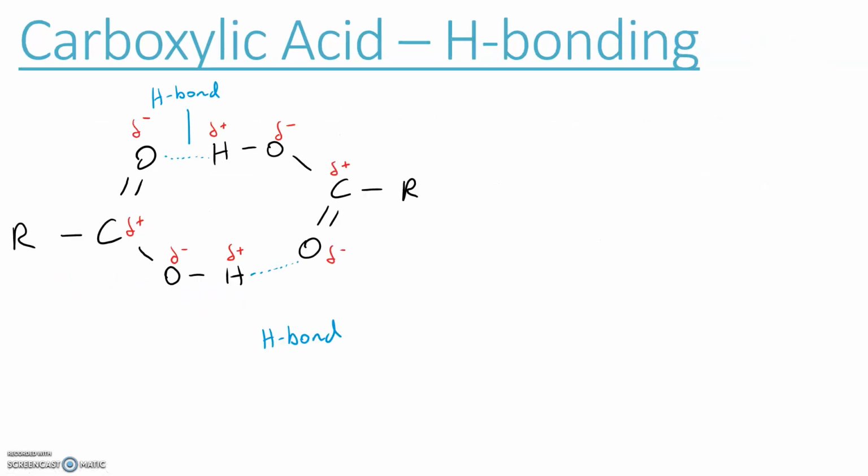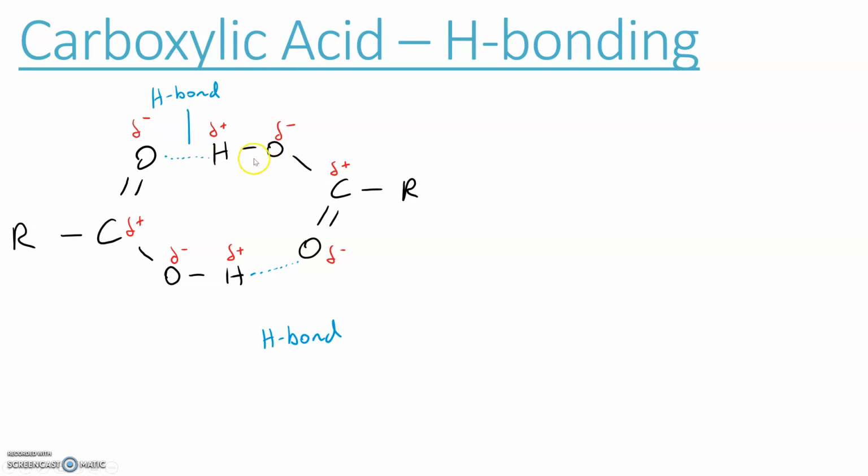Okay, so here we have a diagram showing the hydrogen bonding. So we have the OH, which is the requirement, an H bonded to a highly electronegative element, in this case oxygen. That's the requirement for hydrogen bonding.